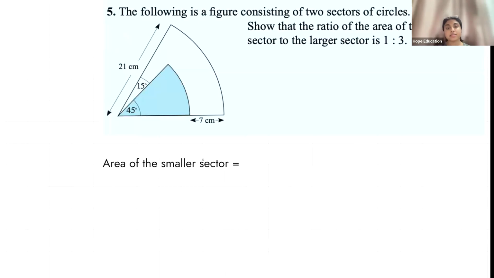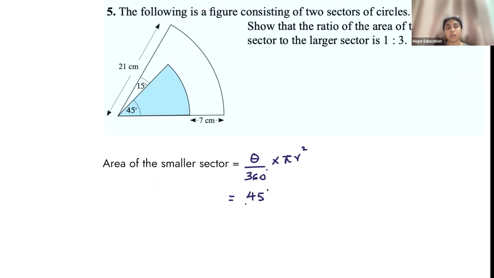So our formula is theta over 360 multiplied by pi r squared. So for the smaller sector, theta is 45 degrees, right? It's just 45 degrees. 45 degrees divided by 360 multiplied by pi. Pi is 22/7 multiplied by r, radius.